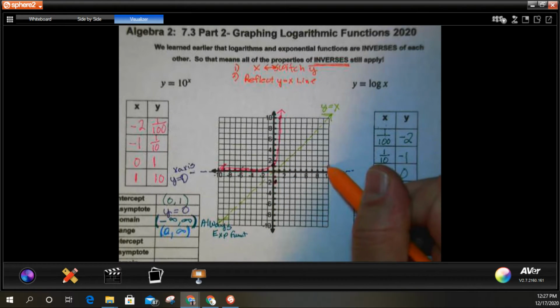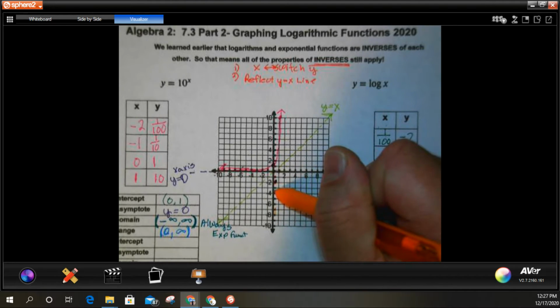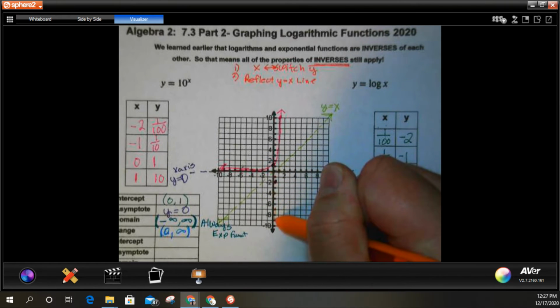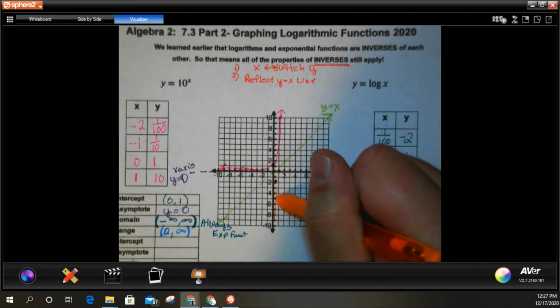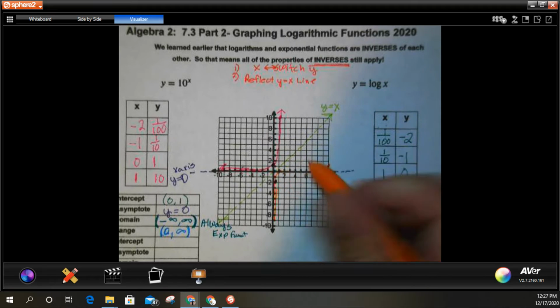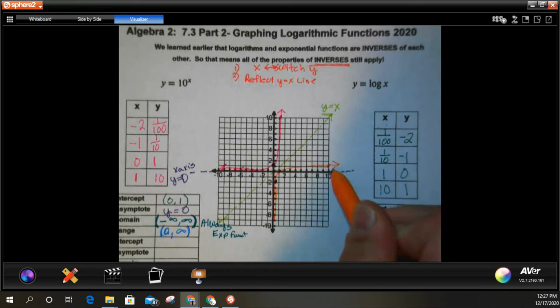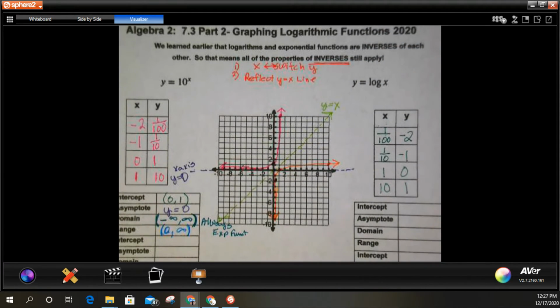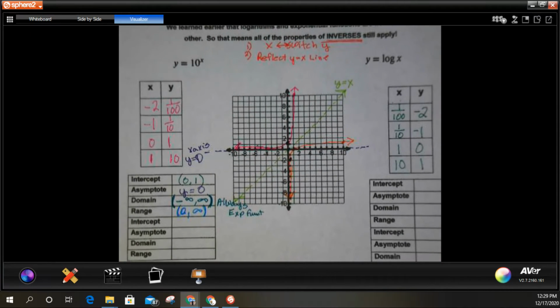As I look at this, it's going to get closer because remember we're flipping this. This is going to try to hit this asymptote instead of a y-intercept. We now have an x-intercept, and it goes out to 10, 1. Okay, so here's my log function.